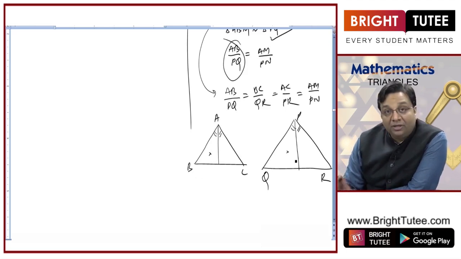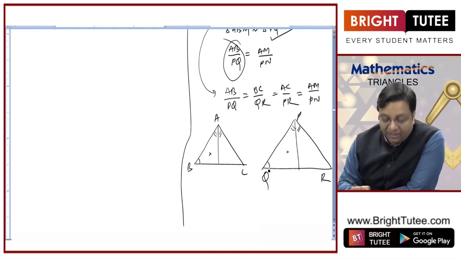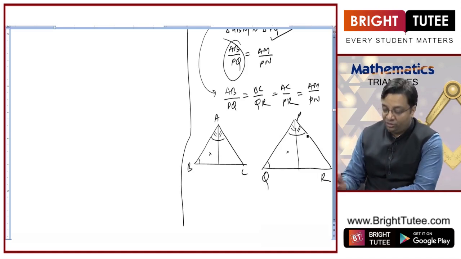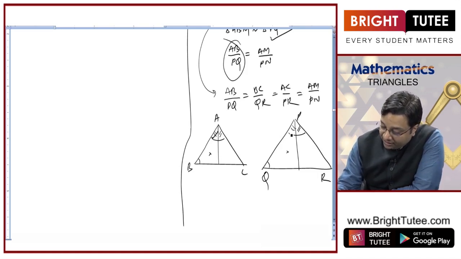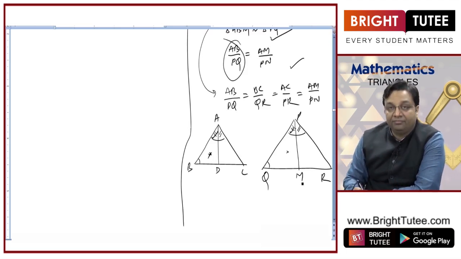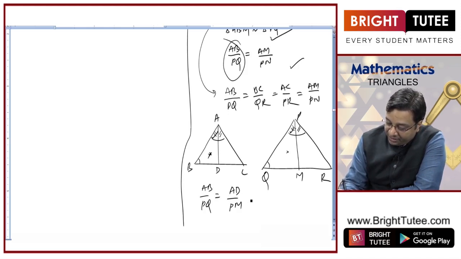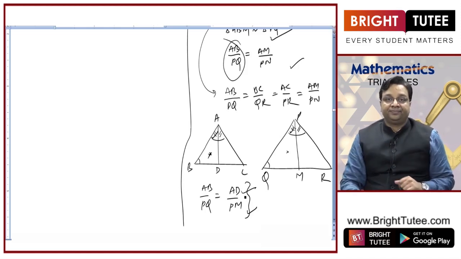Now ABC is similar to PQR, so angle A is equal to angle P. So their halves will also be equal. Like above, I can say triangle ABD is similar to triangle PQM. Again AB by PQ will be equal to AD by PM. This time these are the ratios of angular bisectors.